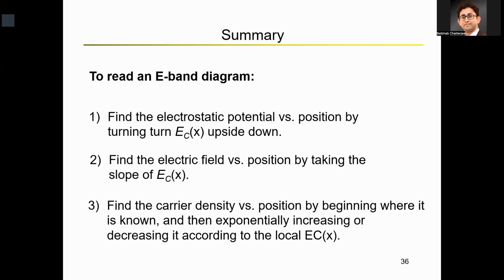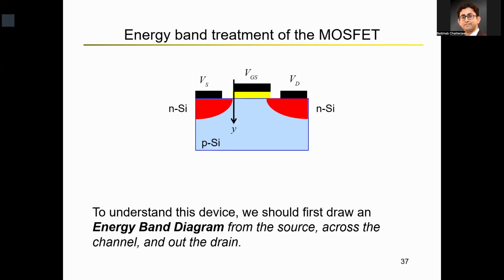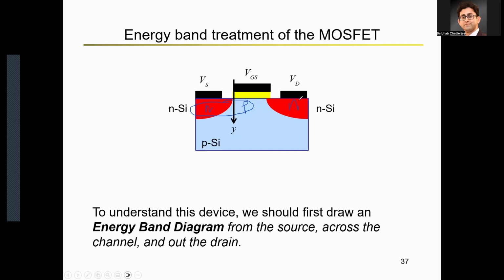All right, so let me skip through this. Now, if you do an energy band treatment for the MOSFET: till now, what we looked at is energy band treatment for a MOS structure, metal oxide semiconductor, without the source and drain regions. We never looked into the source and drain regions, right? And we looked into PN junction diode. So if you have N over here, you have P, you have N. We looked into what happens near a PN junction for a PN junction diode, and we looked into what happens for a MOS structure.